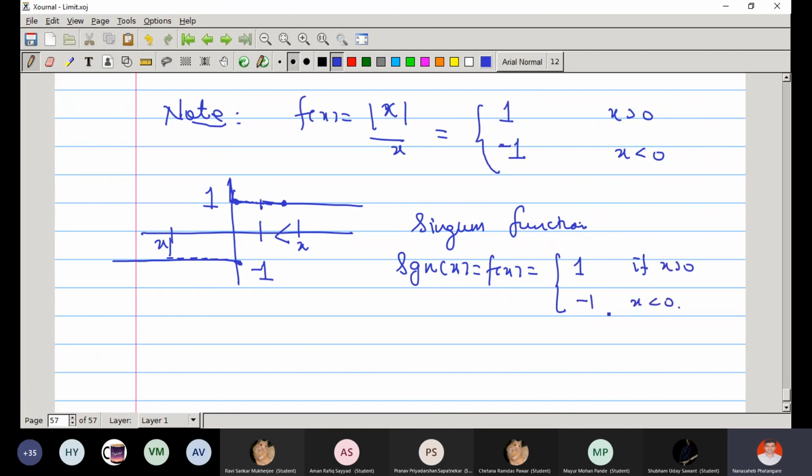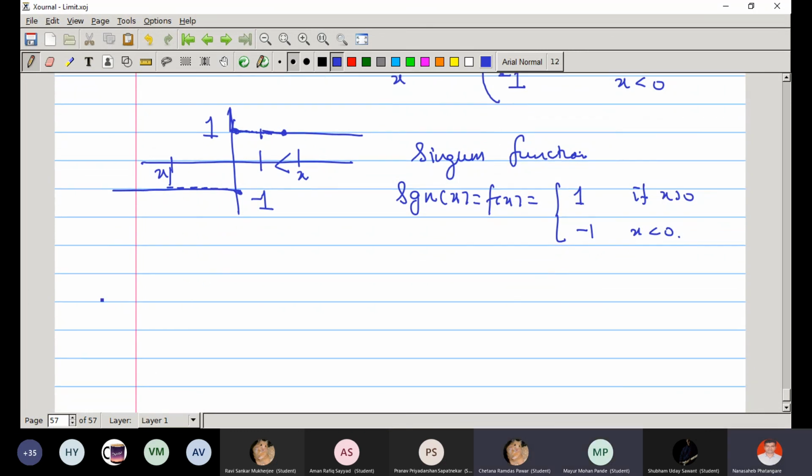So this is just the name, signum means sign function. 1 means positive, minus 1 means negative. So that is just the name, otherwise nothing else. So everything is clear? Yes, sir.